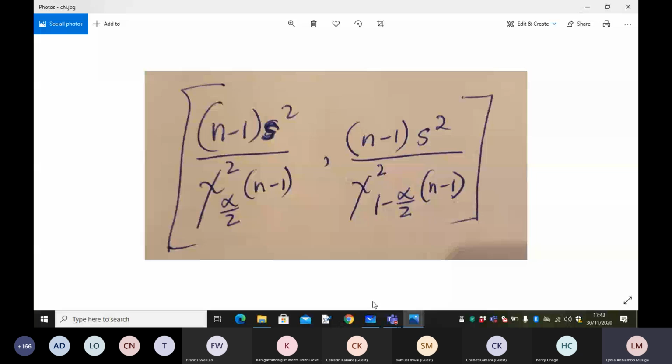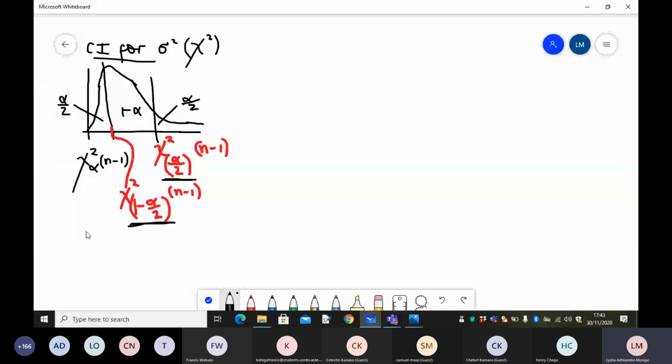First and foremost, we calculate the sample variance, which you will find to be 0.0022. Now n minus 1 is not a problem. We know it is just 11.